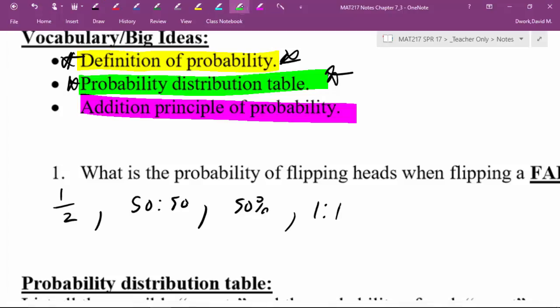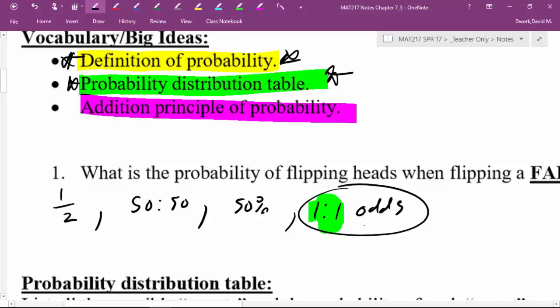The 1-to-1 is actually odds, not probability. There is a difference between the two, and we can cover that later in the class. Same thing with the 50-50, that is odds. That is not probability. But the 1/2, 50%, or you could write it as 1-to-2, that would be probability.